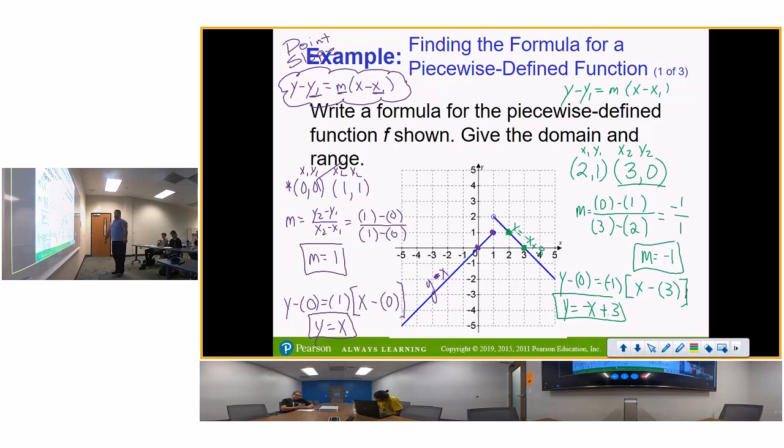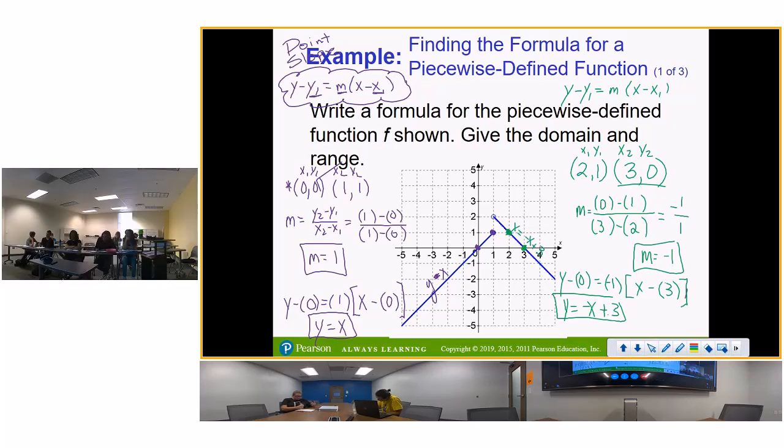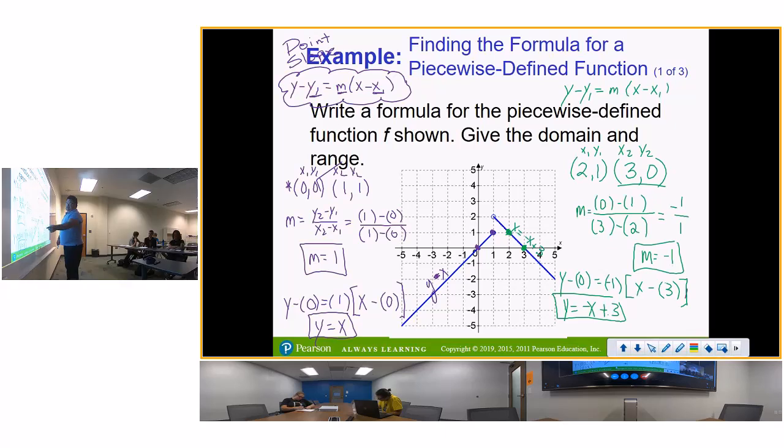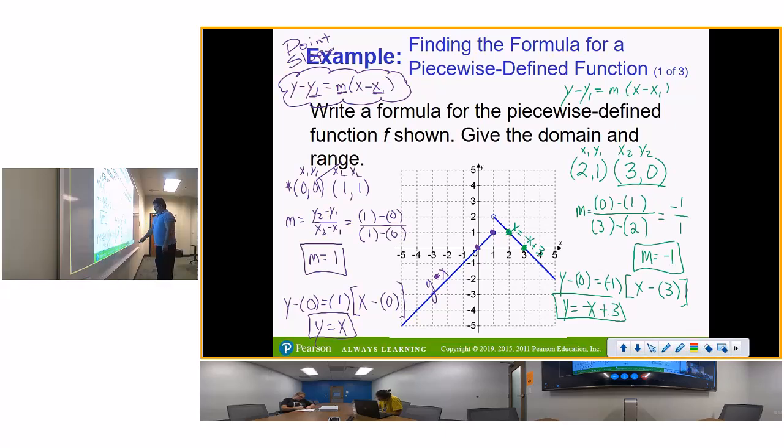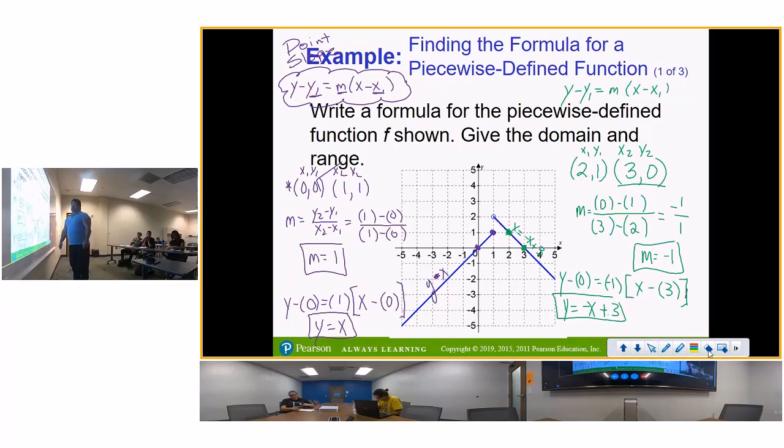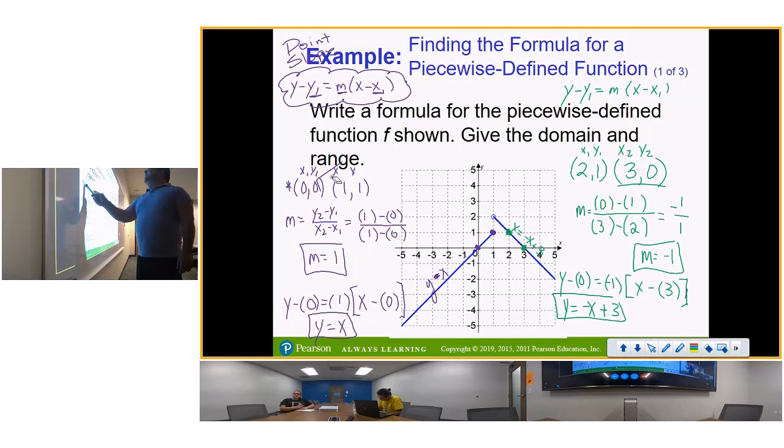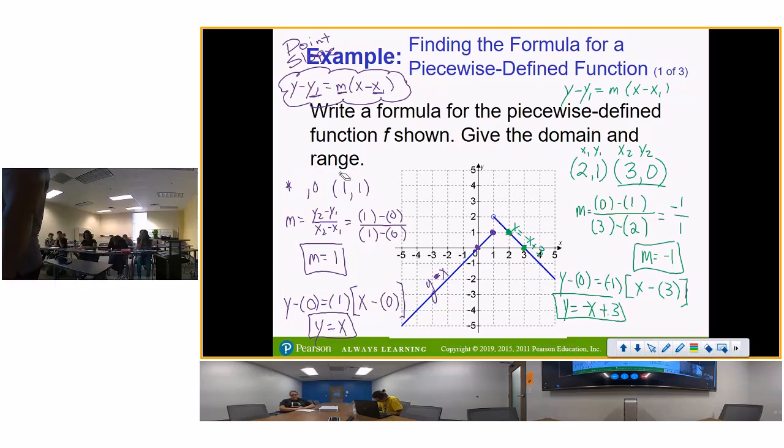Okay. Now, I'm going to erase some of this because we need to do the domain for each of those lines now. So the whole point is to find the equation of the line, to find this and to find this. So now I'm going to take my eraser and erase this. Now look at it. Now it erases each individual part. Whoa.